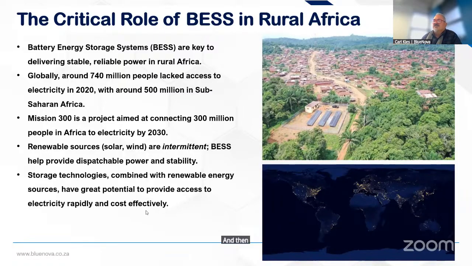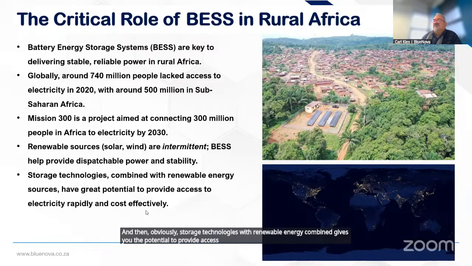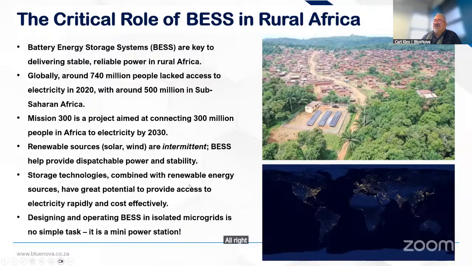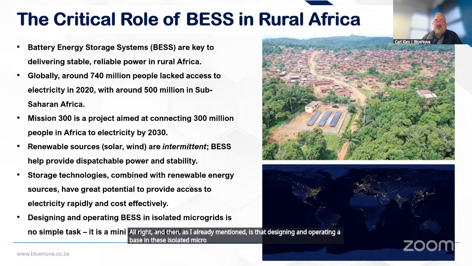And then obviously storage technologies with renewable energy combined gives you the potential to provide access to these people rapidly and cost effectively. And I think that fits in nicely with the whole repower project objectives. All right. And then, as I already mentioned, designing and operating a BESS in these isolated microgrids is no simple task.